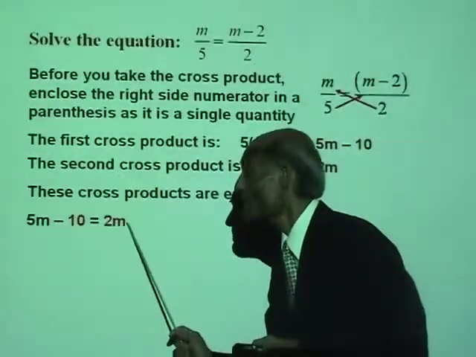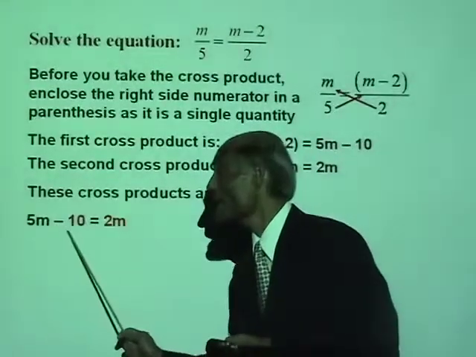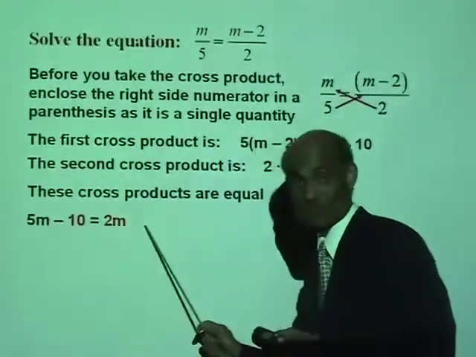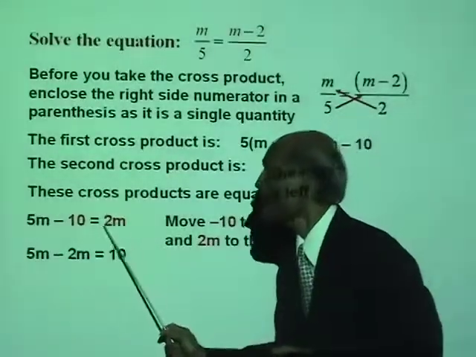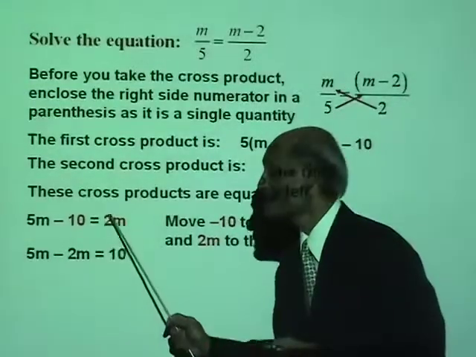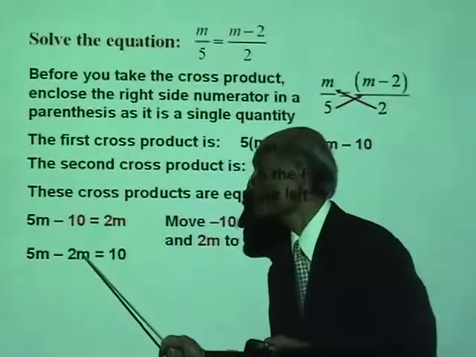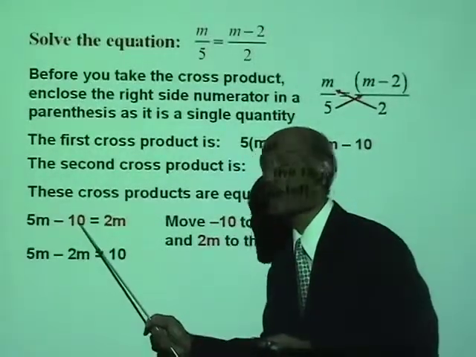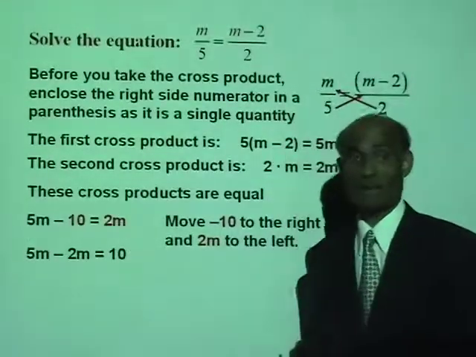Move the 2m from the right to the left, and the negative 10 from the left to the right. That will give me 5m minus 2m equal to positive 10. 2m from the right goes to the left, becomes negative 2m. Negative 10 from the left comes to the right, gives you positive 10.